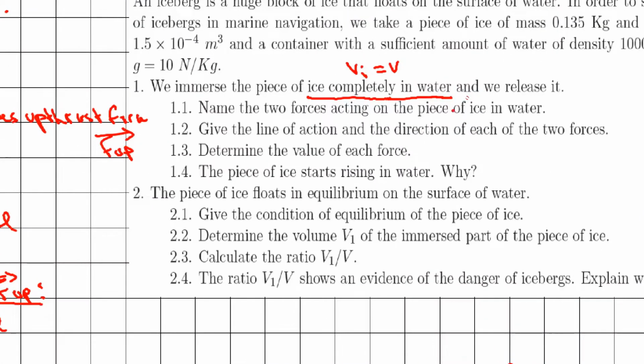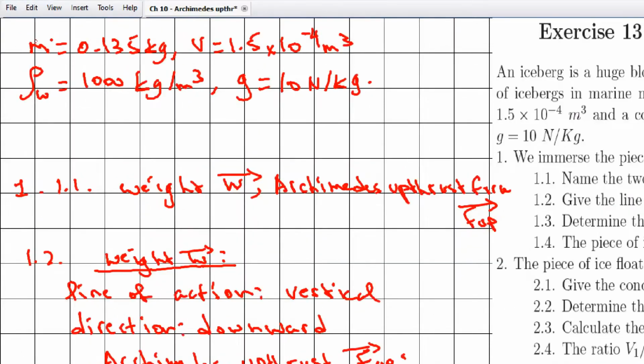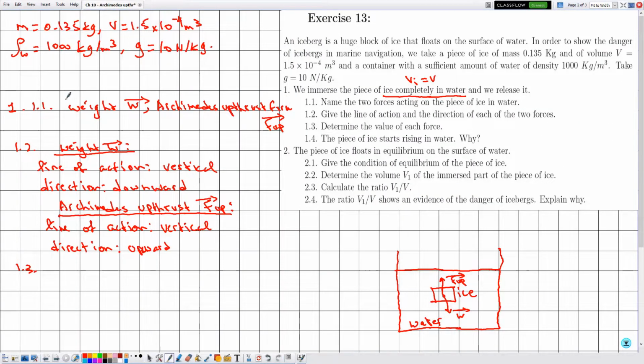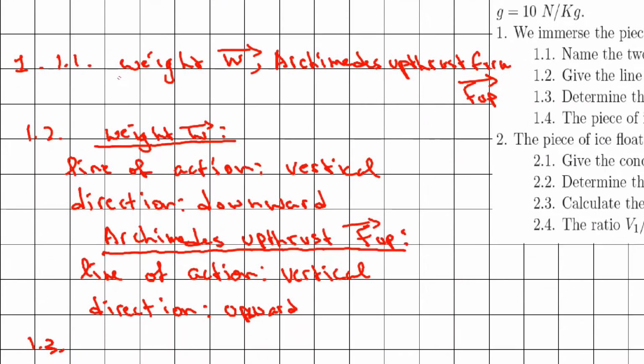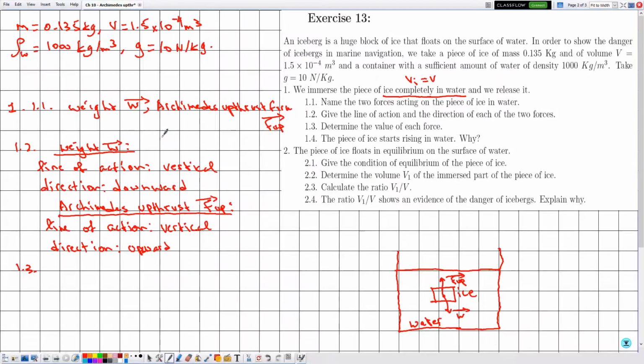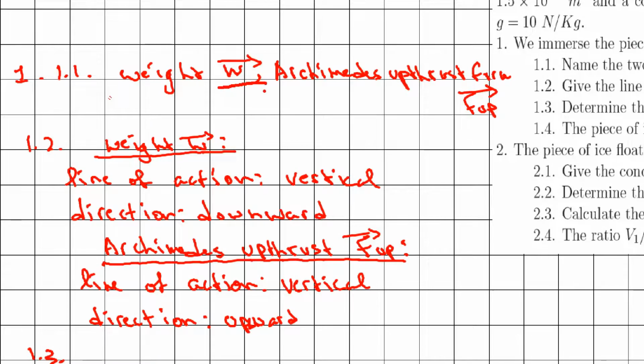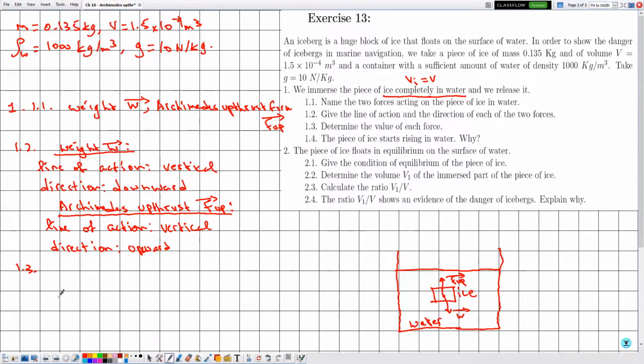Now in 1.3, determine the value of each force, and by the value they mean the magnitude. Because we know the mass of this piece of ice and we know g, we can directly determine the weight. By this weight vector we mean the real weight and not the apparent weight. We must distinguish between them, because whenever we have a liquid we can talk about the apparent weight, but whenever we are discussing forces, this weight represents the real weight, and its magnitude is given by W is equal to m multiplied by g.